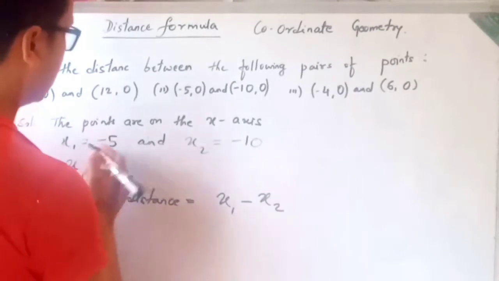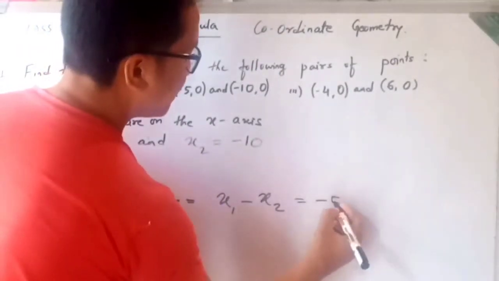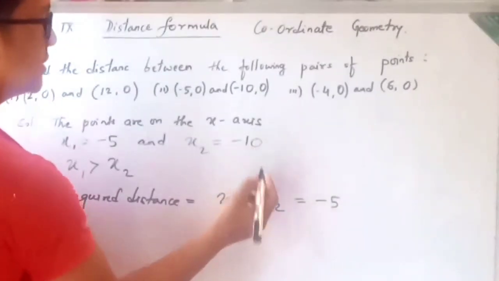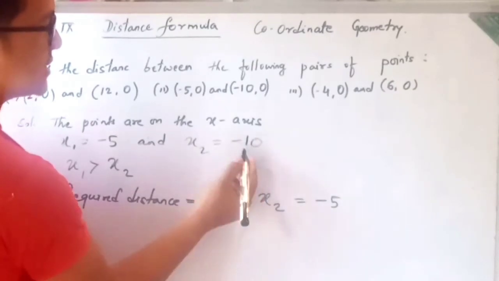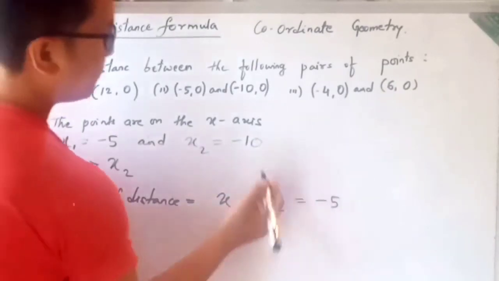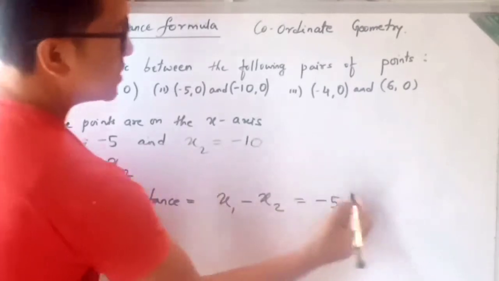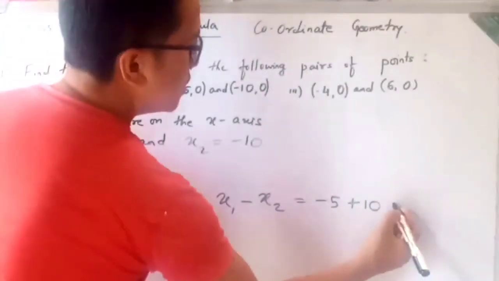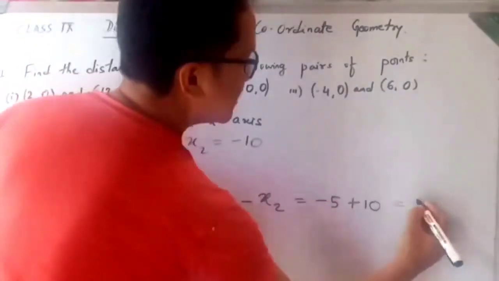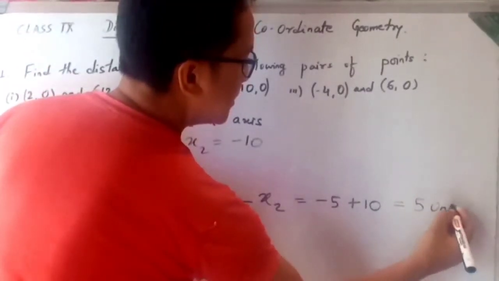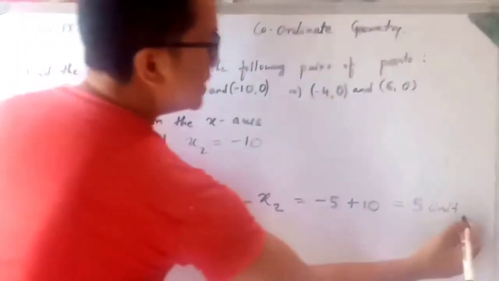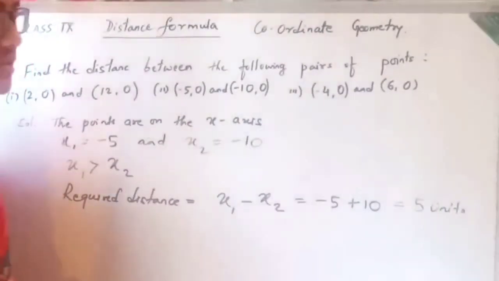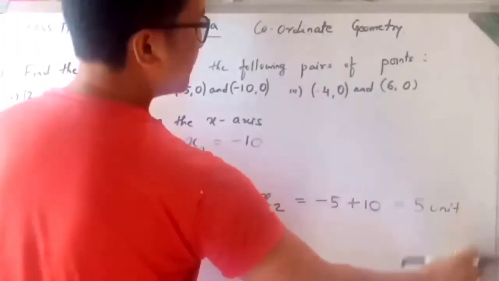Here x1 is -5 and x2 is -10. So when you subtract -10 from x1, we have to write minus, and minus minus will be plus, so it will be plus 10. So when you subtract 10 and 5, we get 5 units. In this way, we can solve this.